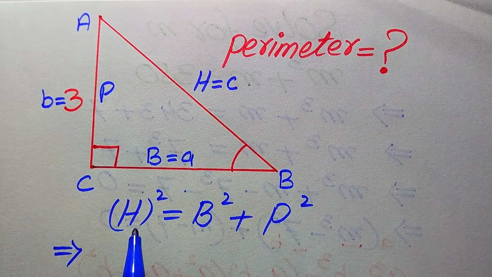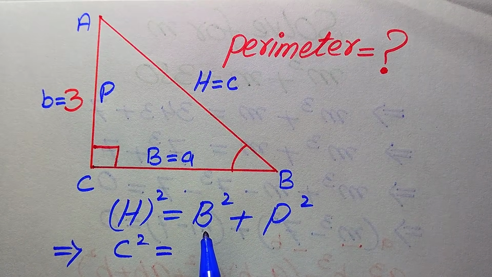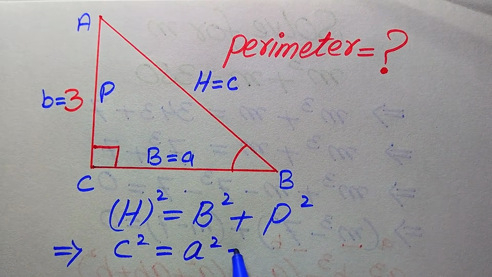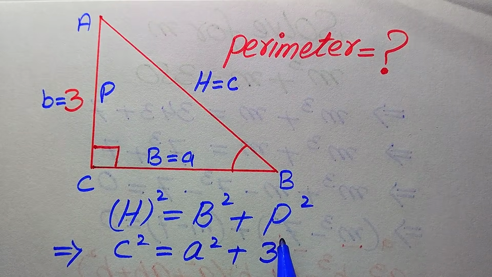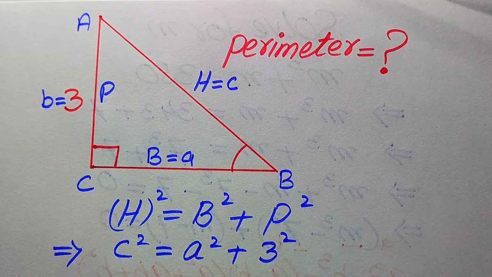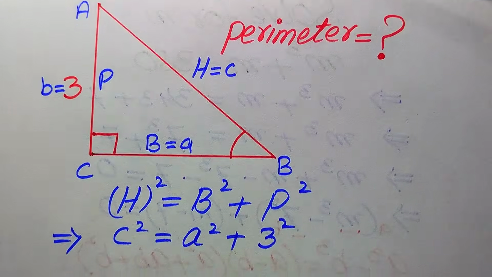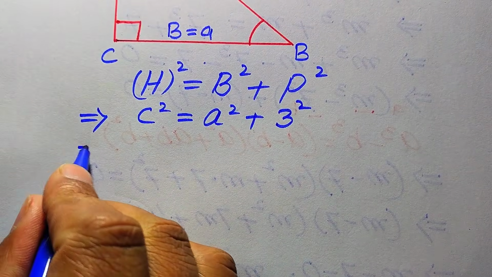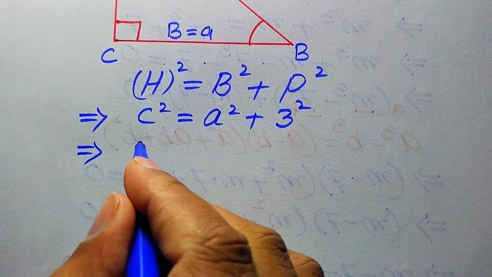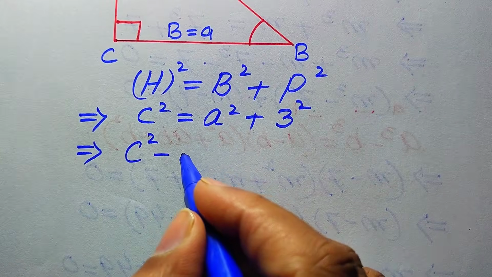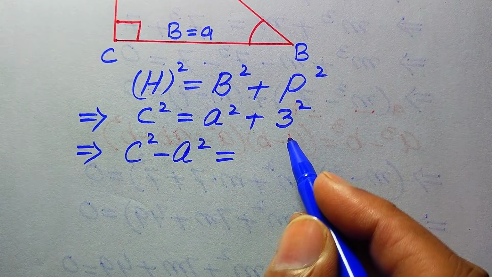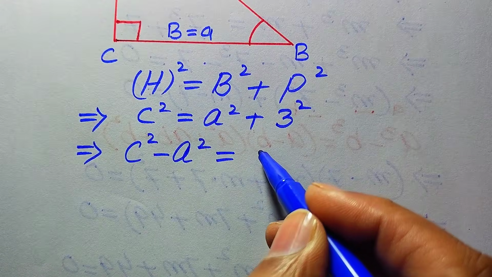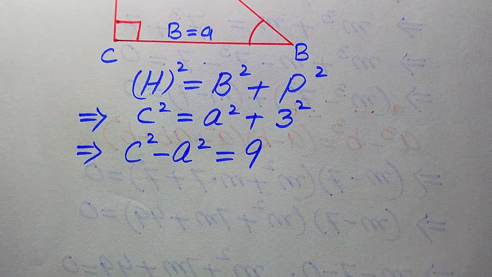The value of h is c, so c square equals a square plus the perpendicular b, which is 3, so 3 square. In the next step, we move this a square to the left hand side and it becomes c square minus a square equals 3 square, and 3 square becomes 9.